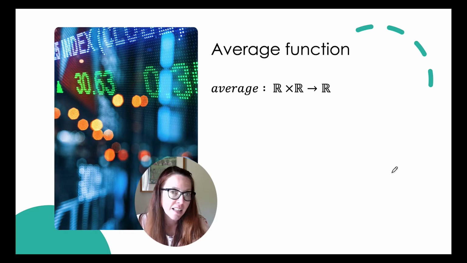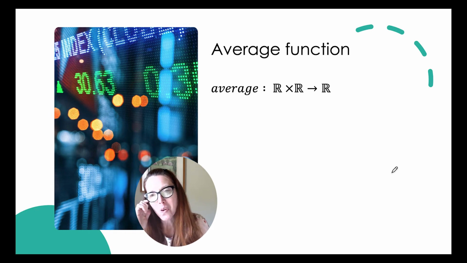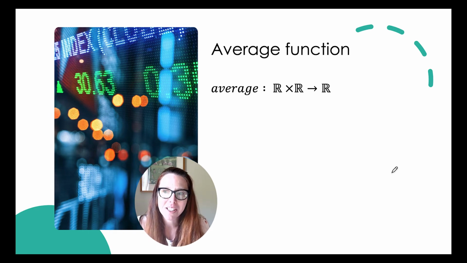It's likely that you've only thought of functions up until now as applying to one input value, but there are many times where we need more. For example, if you wanted to create an average function, something that takes an average of 2 numbers, the hint is in the average of 2 numbers, right? We need both of those numbers in order to know what we're taking the average of.